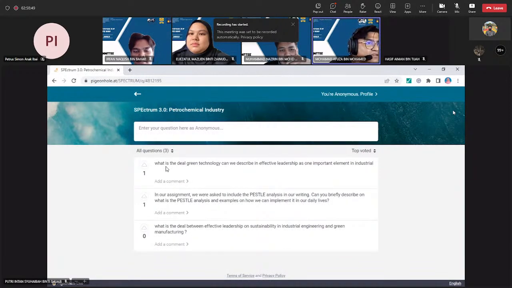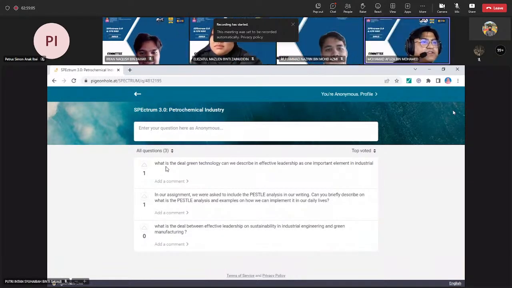The second one is, in our assignment, we were asked to include the PEST analysis in our writing. Can you briefly describe what the PEST analysis is and examples of how we can implement it in our daily lives? And finally, what is the link between effective leadership on sustainability in industrial engineering and green manufacturing?